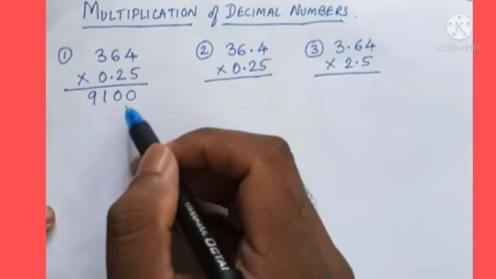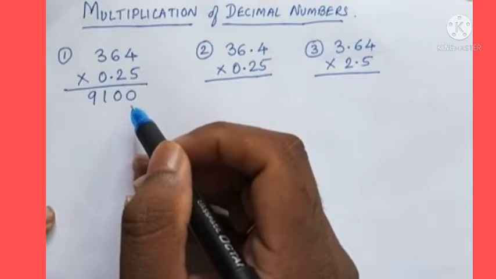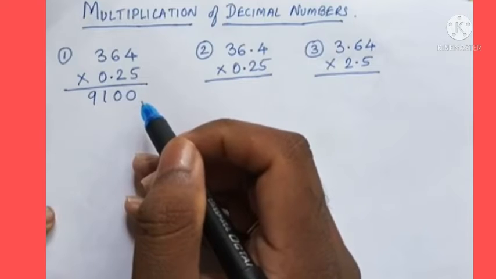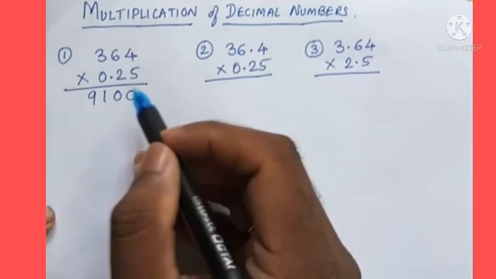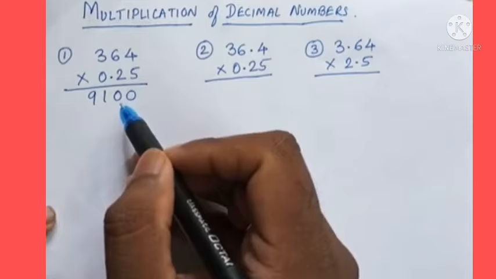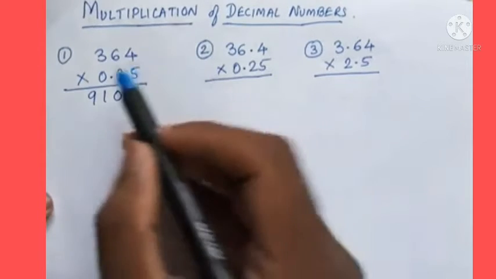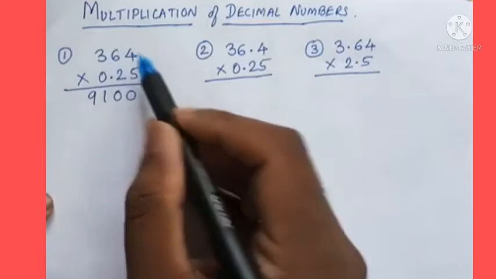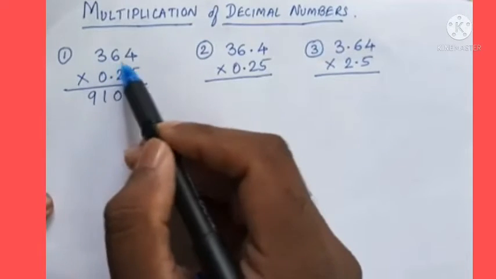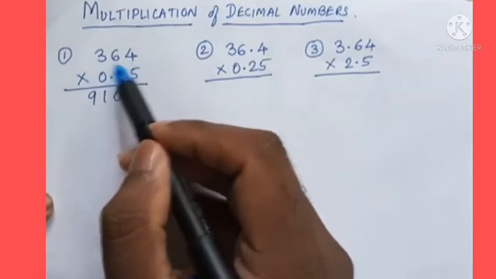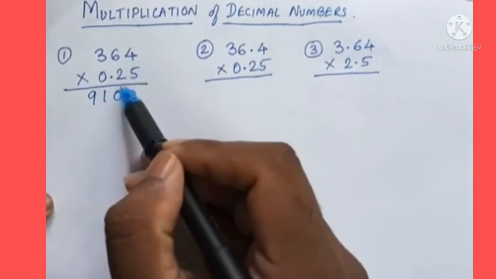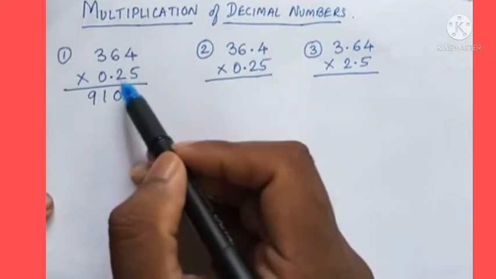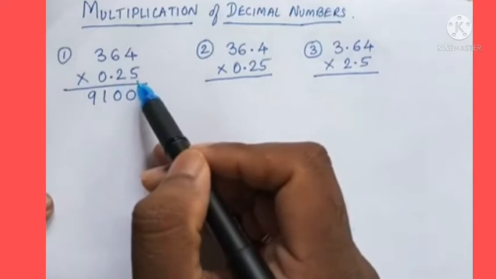Now for the final answer, the second step is to place the decimal point at the appropriate location. So how do you find the appropriate location? First, count the number of digits after the decimal point in both the numbers. In the first number it is 364 completely, so there is no decimal point here. In the second number it is 0.25, so there are 2 digits after the decimal point.